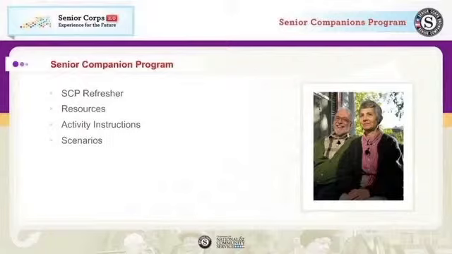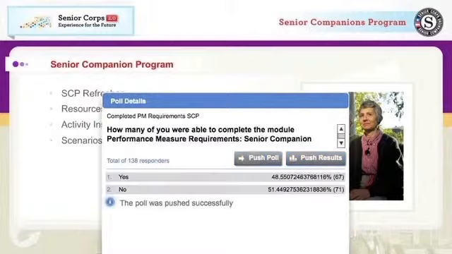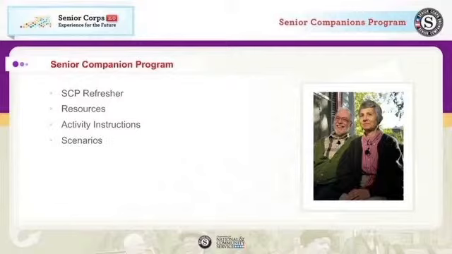So what I'll start with, and I'd like to present this as a poll question, is to ask that we get the poll out there for everybody to view. We have this module posted called the Performance Measures Requirements Senior Companion Program as background information about the Senior Companion's performance measures.